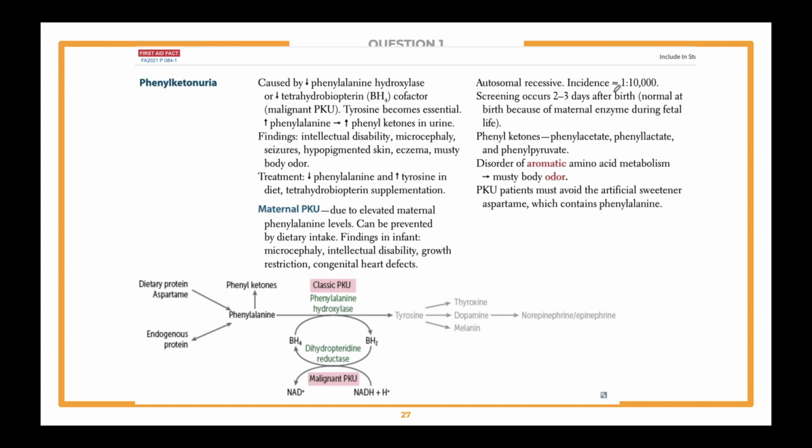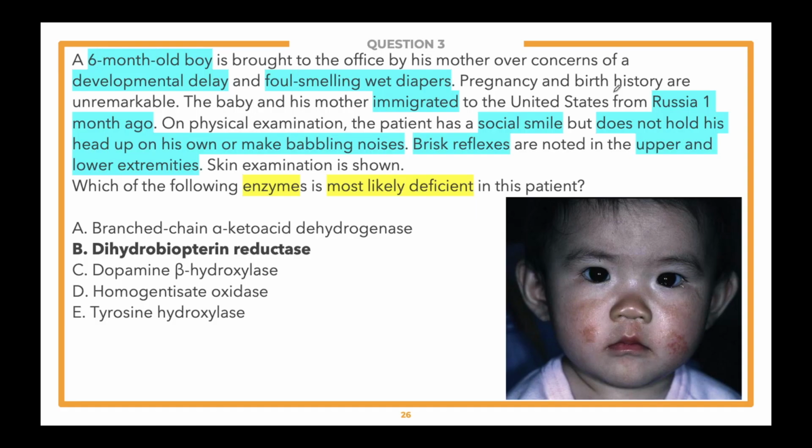So if we go back to our question and look at the other answer choices, well, hopefully those clues are now starting to fit. Okay. The other answer choices, tyrosine hydroxylase, that actually is deficient in oculocutaneous albinism. So you have patients who have areas of very light colored skin, light colored hair or white hair, and blue eyes.